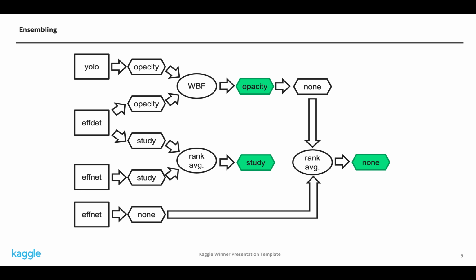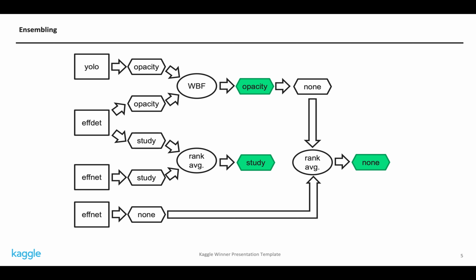Using the opacity prediction as we presented, we can generate the non-prediction, and combining it with the non-prediction from the expert EfficientNet model and doing rank average ensembling, we can get the final prediction of none.